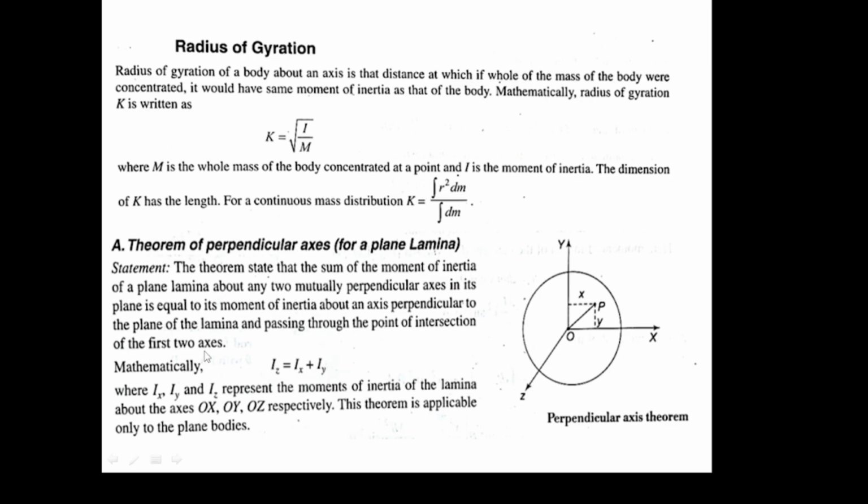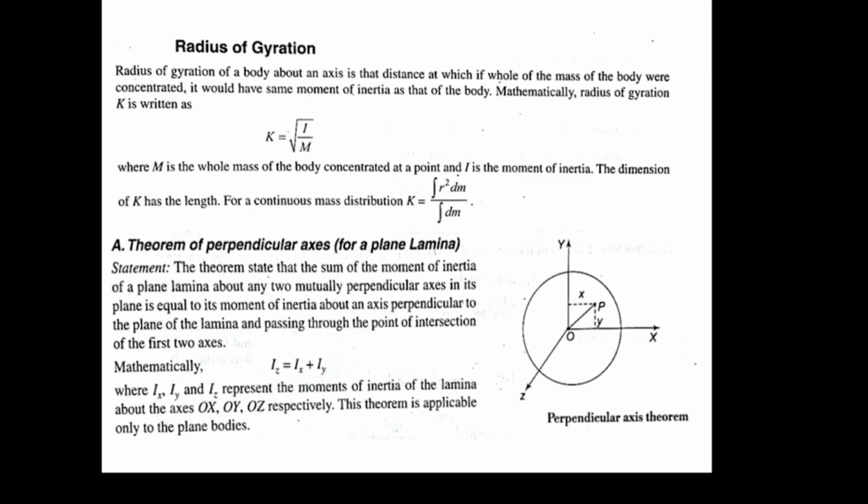What does it mean? Mathematically, with x, y, z as the three coordinates, Iz is equal to Ix plus Iy. Ix, Iy and Iz represent the moment of inertia of the lamina about Ox, Oy and Oz respectively.